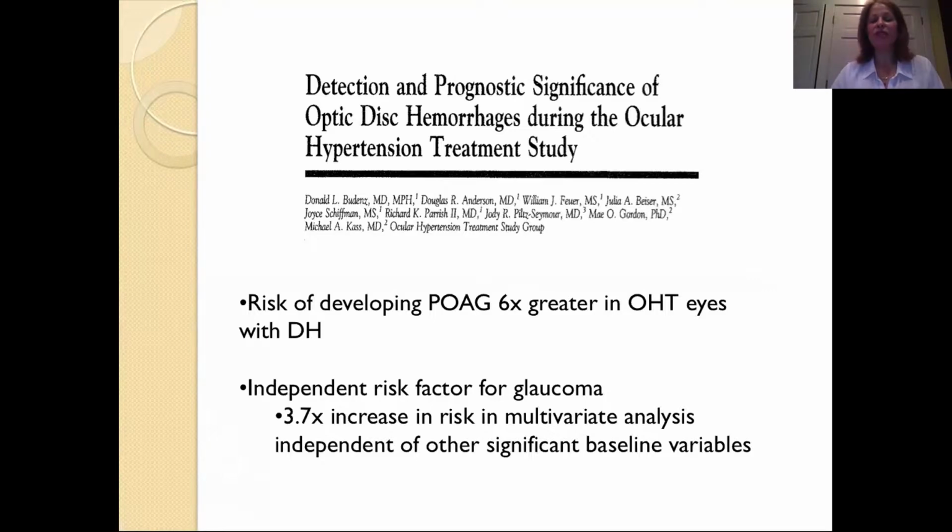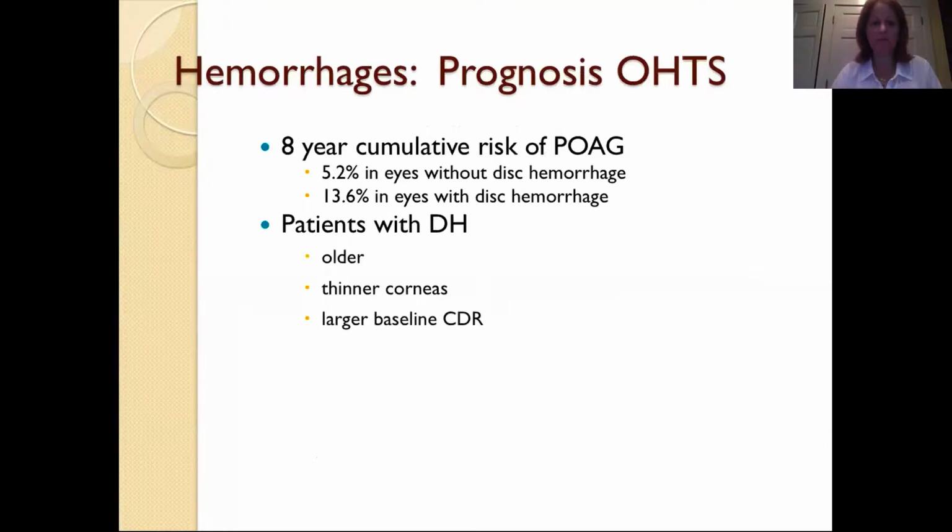The risk of developing glaucoma was 6 times greater in ocular hypertensive eyes that had disc hemorrhages. And when looked at as an independent factor for glaucoma, there was a 3.7 times increase in the risk compared to the baseline variables.